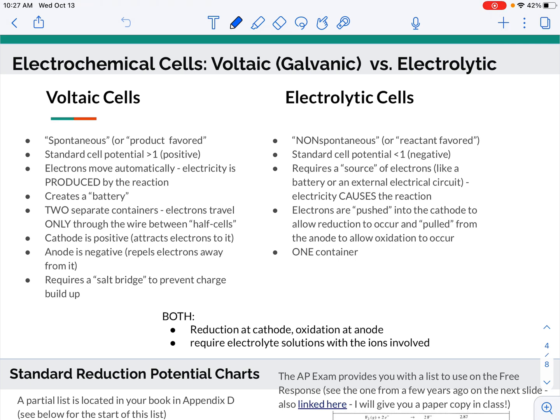You should have already learned this from your reading, but electrochemical cells basically either are redox reactions that create moving electrons, and those would be our voltaic cells or galvanic cells, or they're redox reactions that are forced by electricity, which is an outside source of electrons causing the reaction to happen, and those are called electrolytic cells.